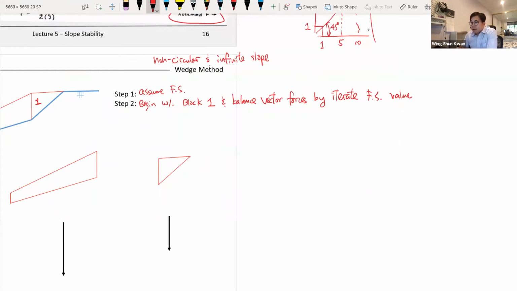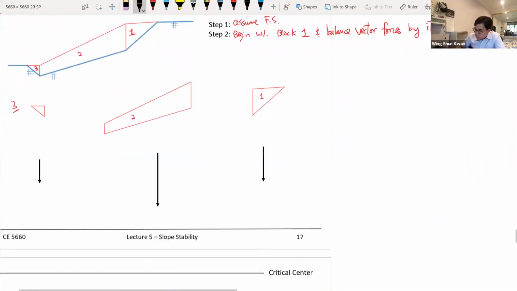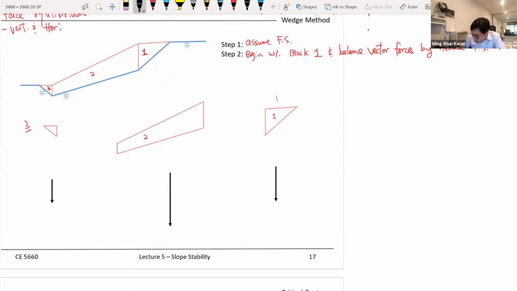So for example here, first of all, you start with block number 1. So this is my block number 1, this is my block number 2, and this is my block number 3. So you start with block number 1. First, if we list out all the forces, the most simple one is the weight. The weight is plummeting down.